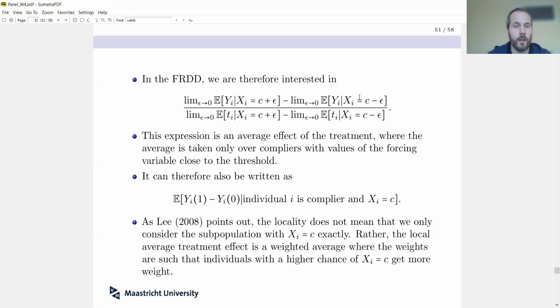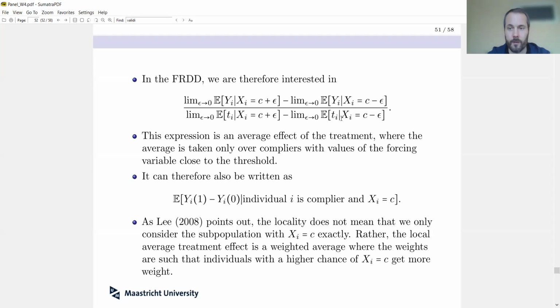And because we have a fuzzy design and only compliers actually change their behavior, so that's only a subpopulation, we have to scale this effect by the fraction of the population that is actually changing their behavior. So that is what we see in the denominator. Here we see what is the change in the probability of receiving treatment just above the cutoff versus just below the cutoff.